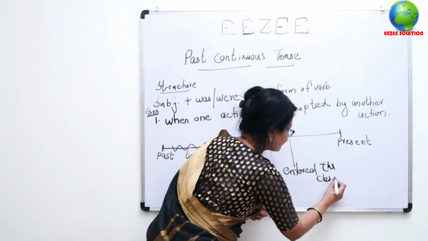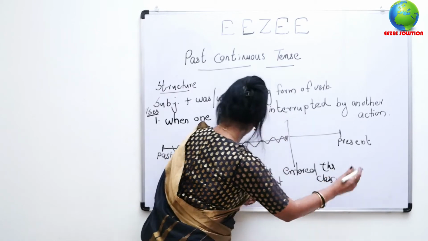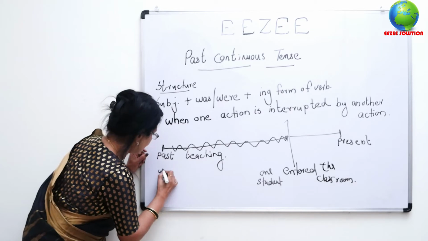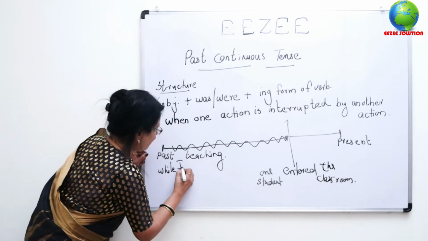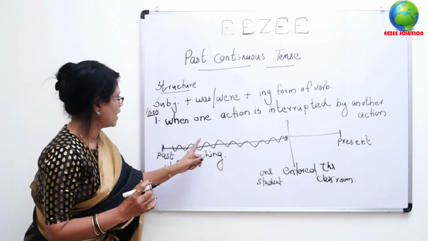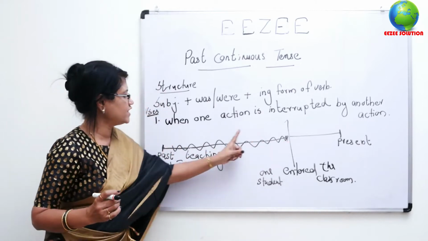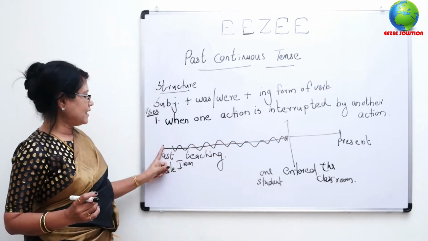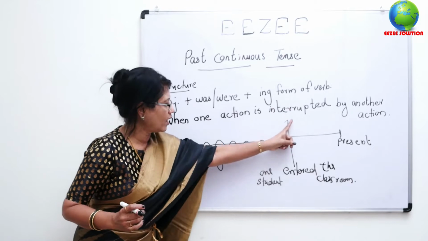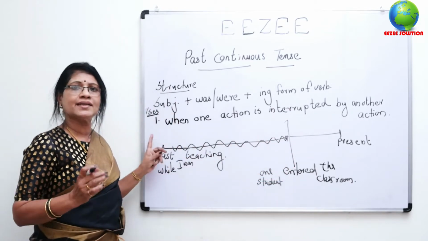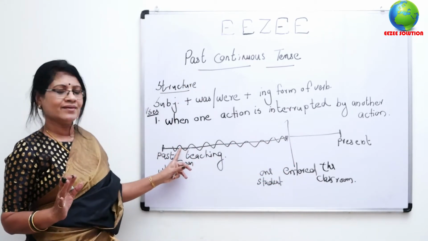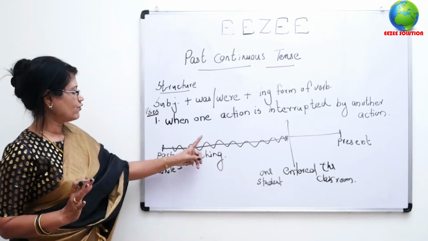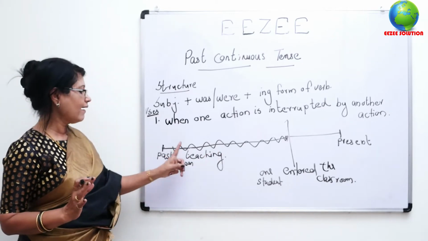From here I was teaching. It started in the past and it was continuing. At that time, one action interrupted this action. That is past continuous tense. This is one use.